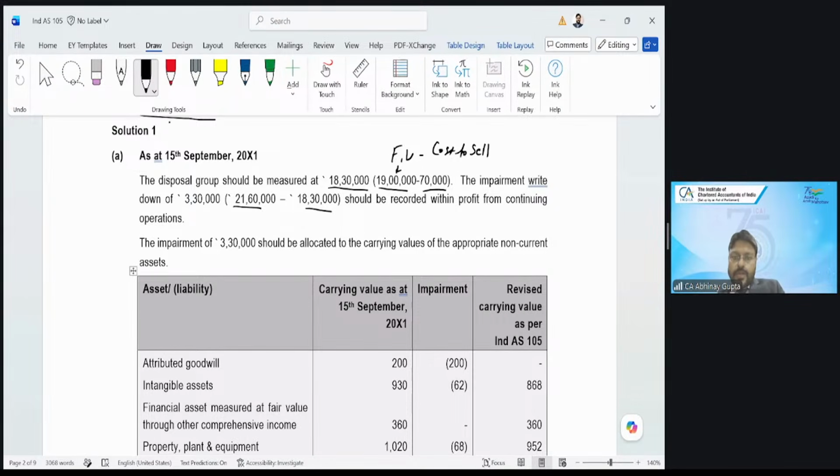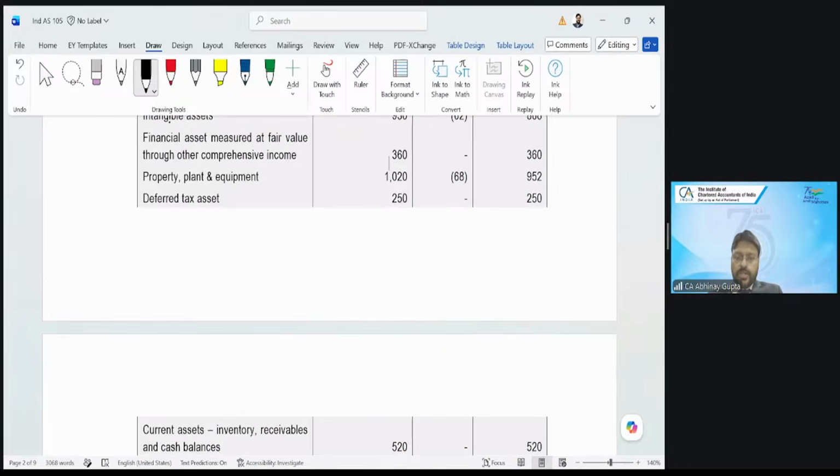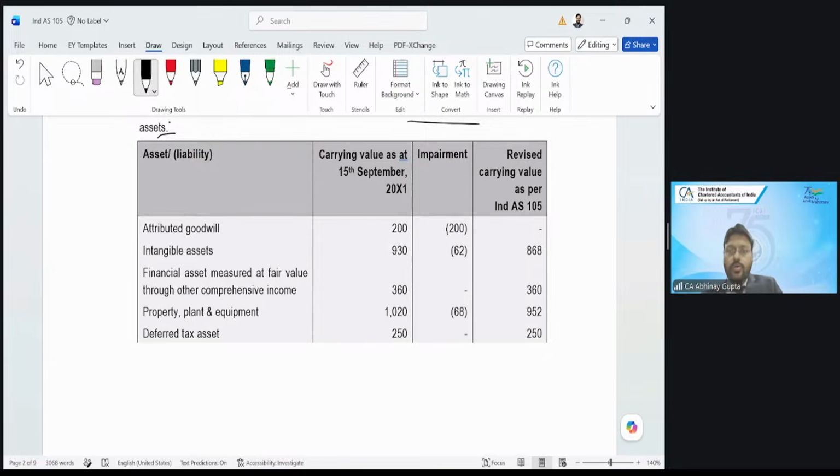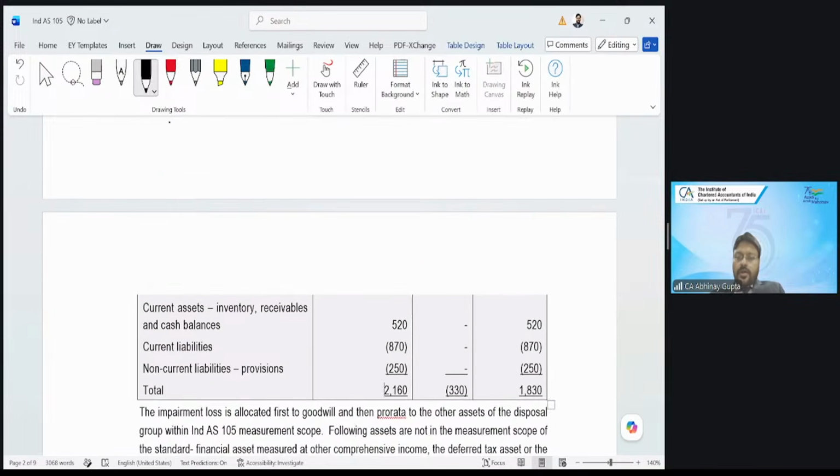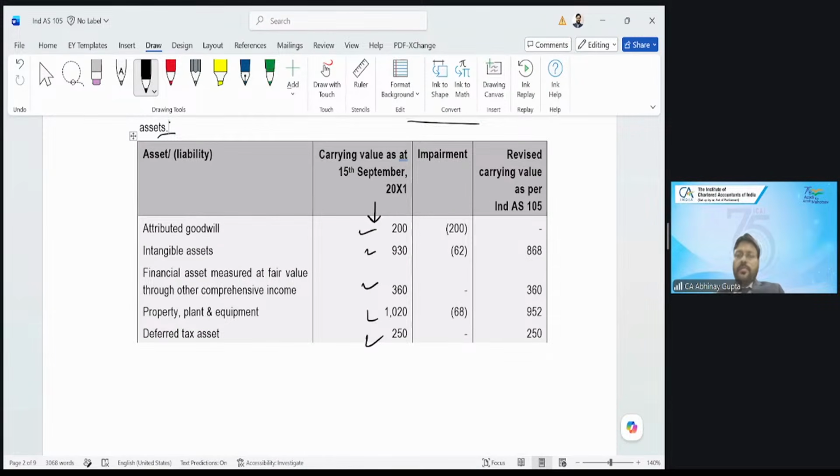So 330 should be allocated to the carrying values of the appropriate non-current assets, right? That allocation, anyway, we know how to do. So we would be taking up the carrying values which are given in the table in the question itself, on the 15th of September. And the total loss of 330, we would be allocating to these items.